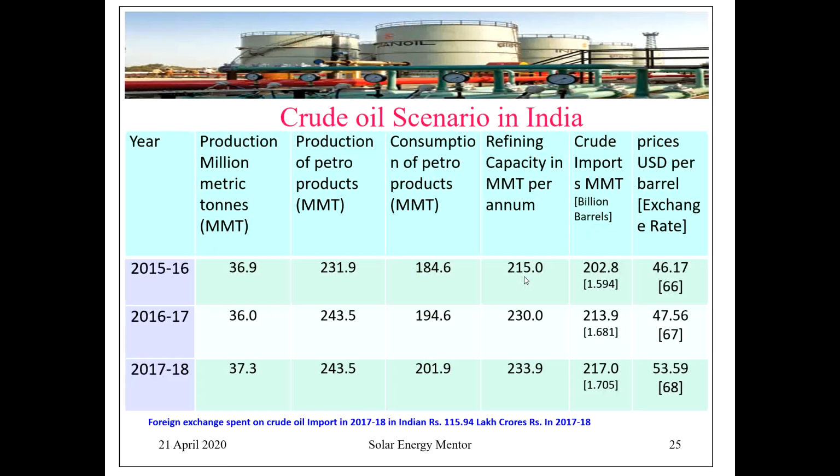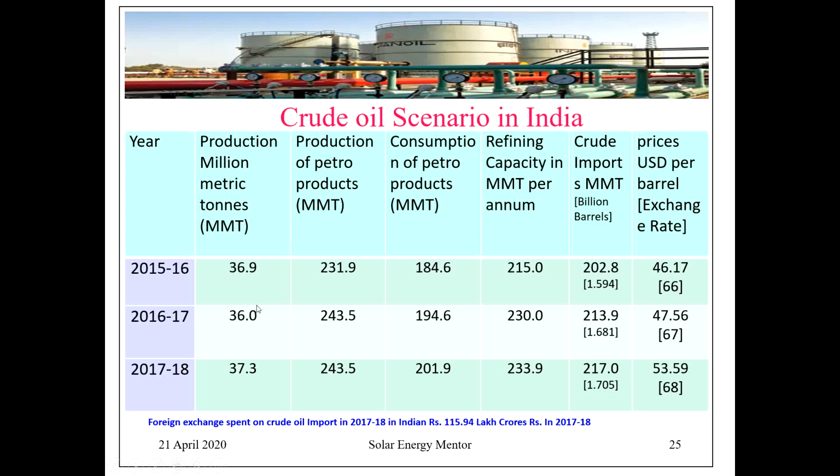What is the crude oil scenario in India? This table shows production in million metric tons, production and consumption of petroproducts, refining capacity per annum, and crude import in million metric tons, with quantities in billion barrels in brackets, the prices in US dollars per barrel, and the Indian rupee exchange rate at that time.